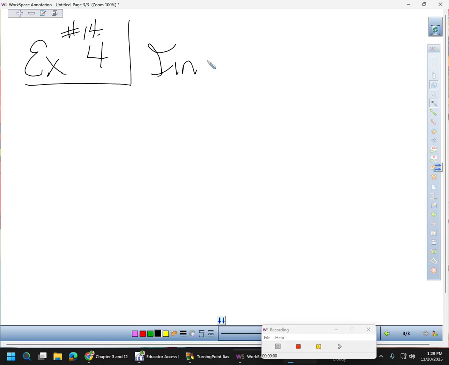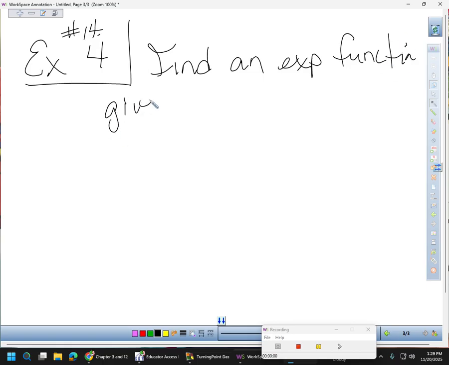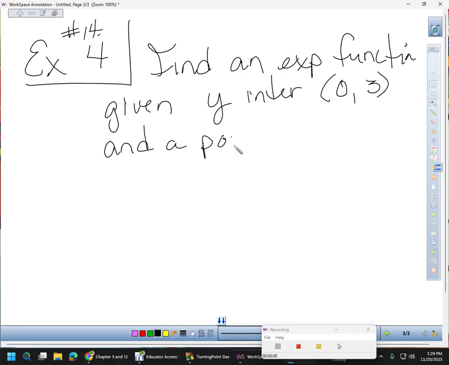Find an exponential function given a y-intercept at (0, 3) and a point at (2, 6).